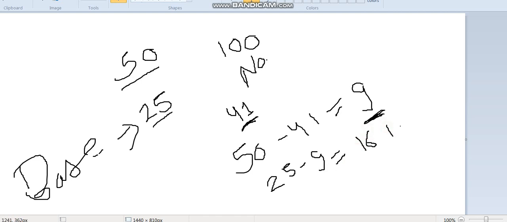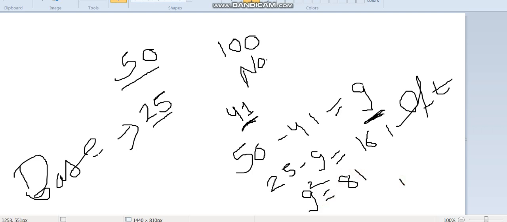This 16 will be the left part of the answer, and the square of 9 will be the right part of the answer. So left part 16 and right part 9 square is 81. This is the answer we found.